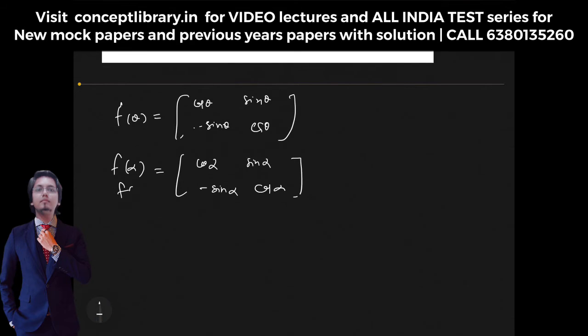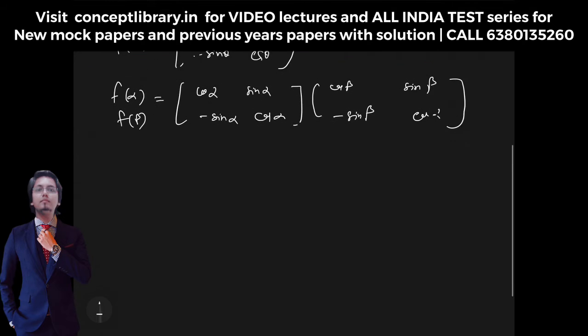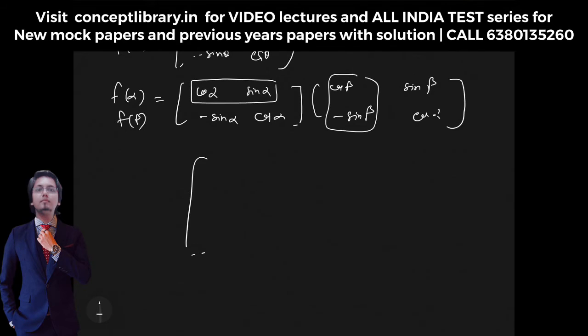Now we multiply with f beta, which will be cos beta, sin beta, minus sin beta, cos beta. Now how to multiply this? This entire row we have to multiply here and write here, and then the same we have to multiply here and write here. In the same way, let's multiply and then we'll see.